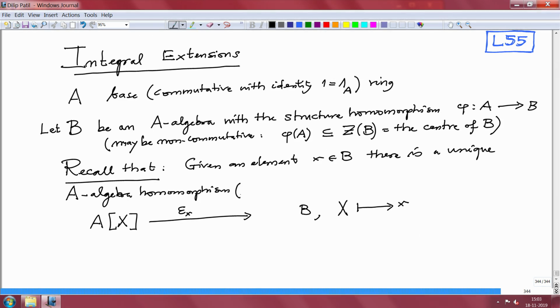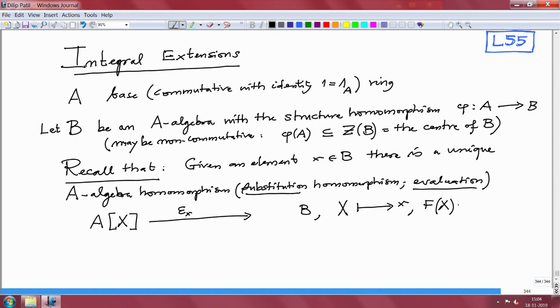This is called the substitution homomorphism. Some people also call it evaluation, because an arbitrary polynomial with coefficients in A goes to f evaluated at x. This makes sense.